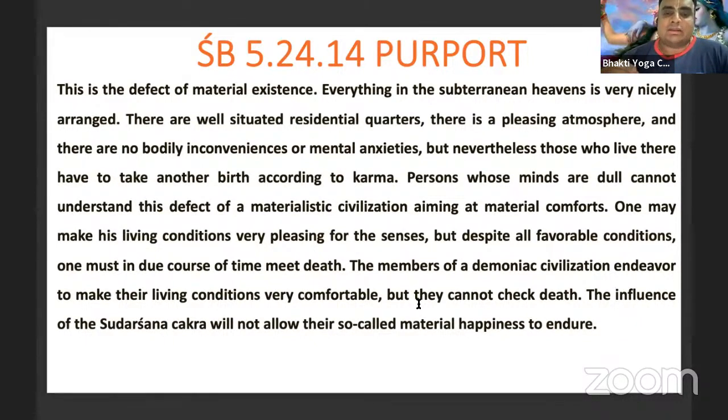But the saddest part is that no matter how many births they get to take in the lower planetary systems, their condition is such that they may not be fortunate enough to even inquire about their suffering. They'll be so blinded by the sheer abundance of material opulence in those regions.